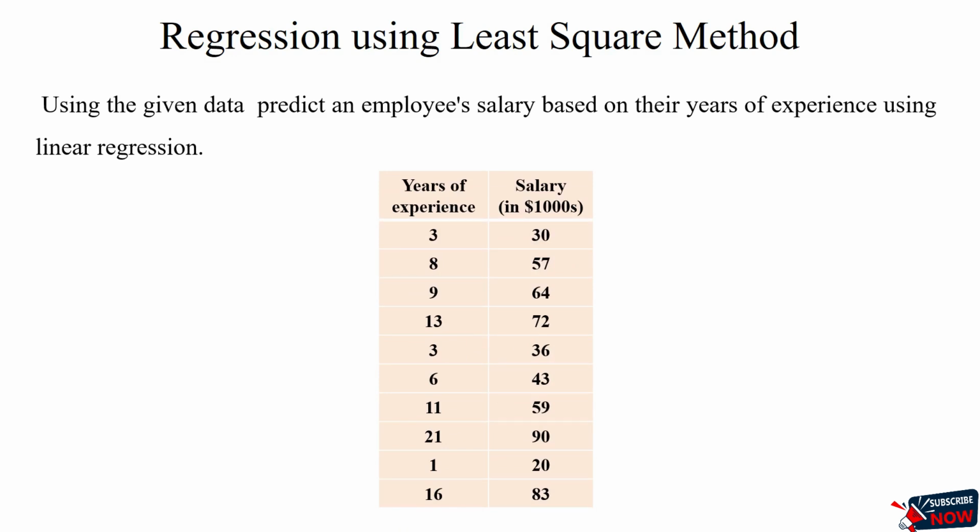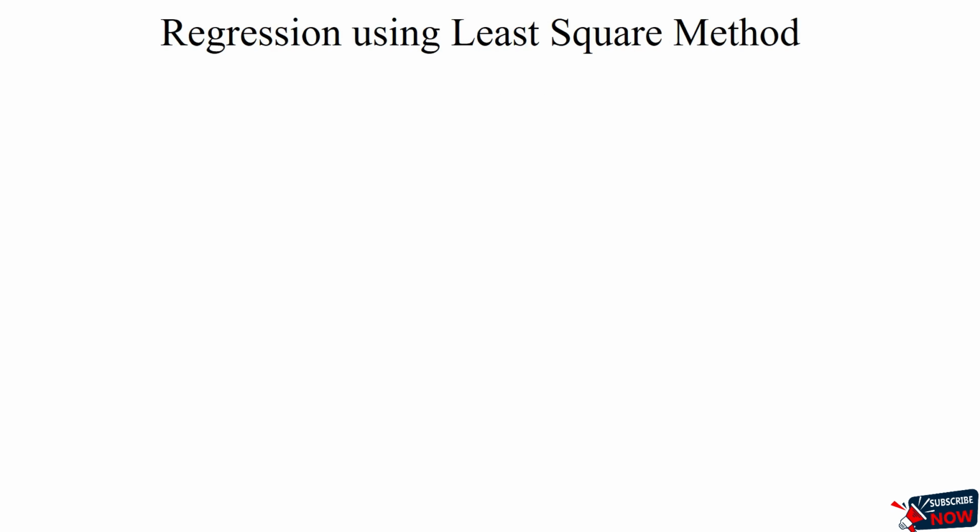Now, we are going to do the prediction using the least square method. So, if the years of experience is given, we will be able to find out the salary. And this is possible only after finding out the linear regression equation using the least square method. Now let us see how to do that. Linear regression.